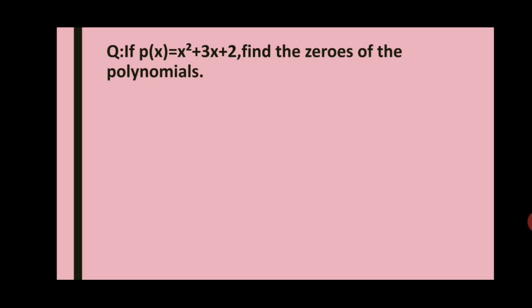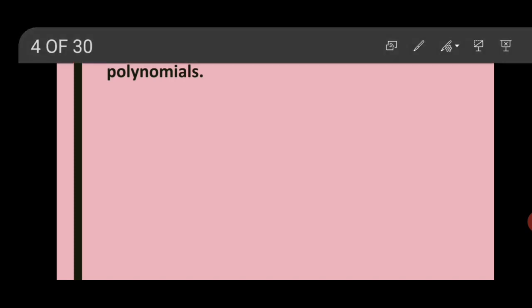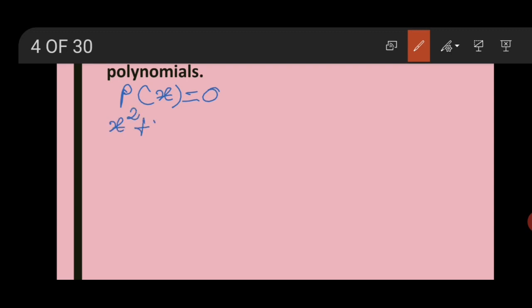Yes, let us try. First, equate this problem. Equate p of x is equal to 0. Now substitute. P of x is equal to what? It is a quadratic polynomial. X square plus 3x plus 2.